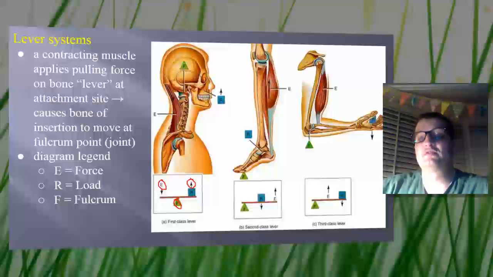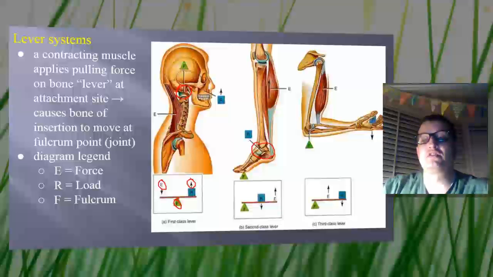The elbow joint that we looked at earlier is an example of a third class lever. The ankle joint here is a second class lever. And movement around the axis and the atlas, C1 and C2, is a first class lever.